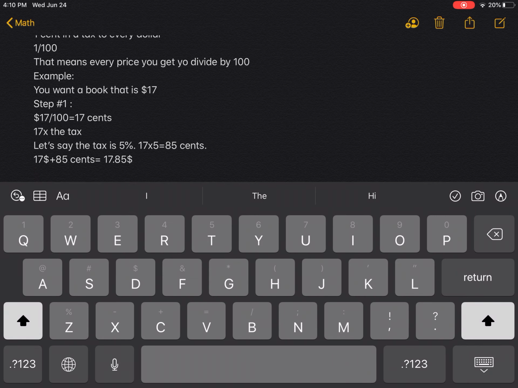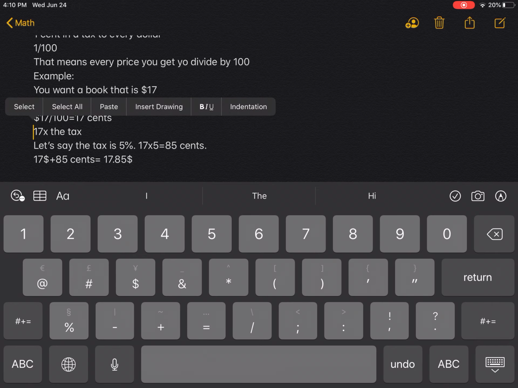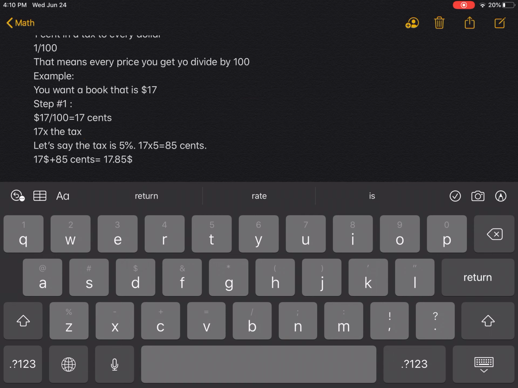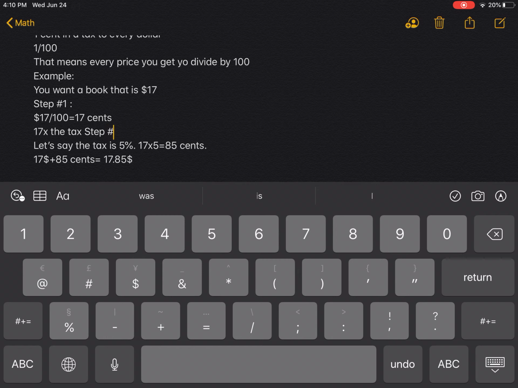So now we go to fees. I accidentally put it all in one step. So this is step number 2.